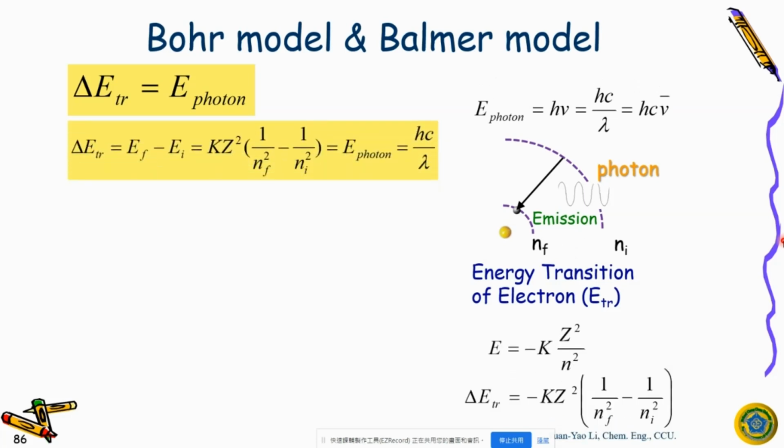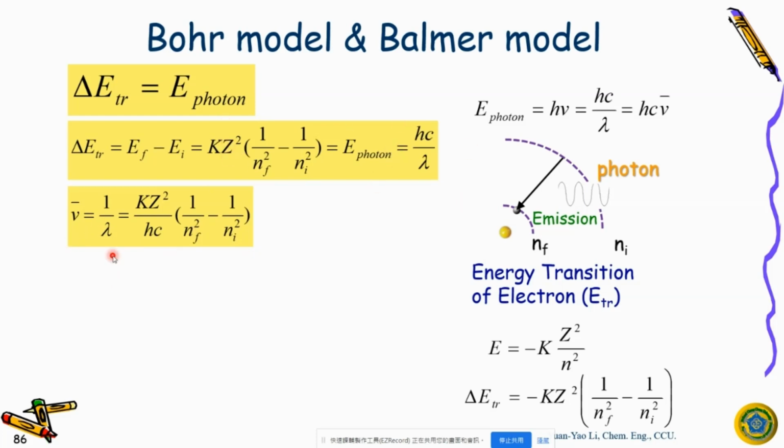And we understand the transition energy of the electron will be equal to the energy of the photon. This is the transition energy, and this is the photon energy. So let's rearrange this equation like this. Can you do that? Easy, right?